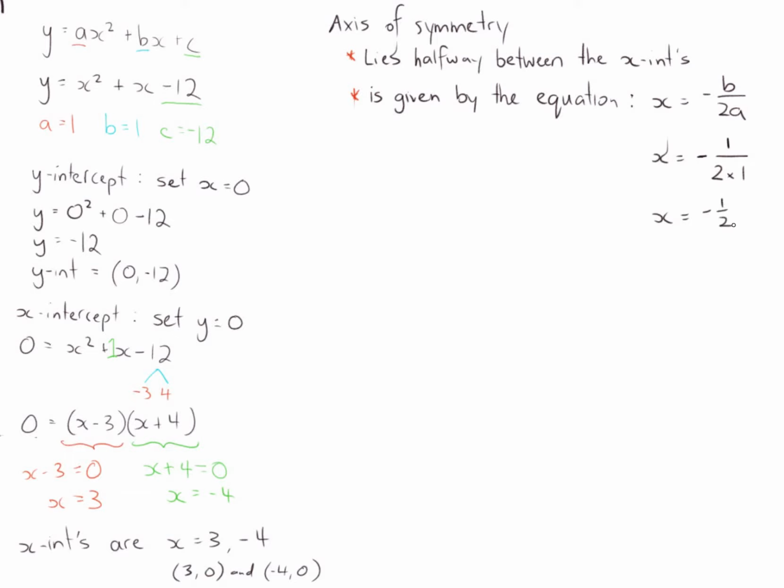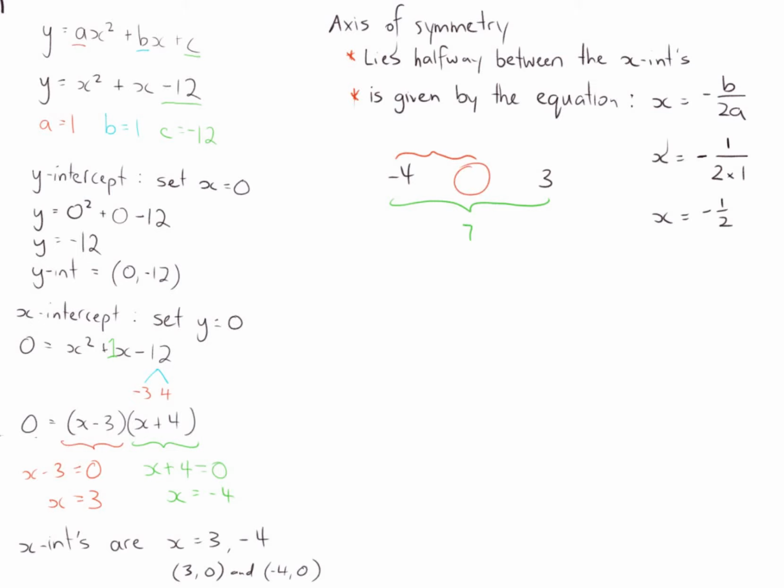Now hopefully when I asked you before what is the average of 3 and negative 4, you might have been able to work out that it's negative a half. If we have negative 4 here and 3 here, that's a gap of 7. So we want to go 3.5 units in from either side in order to get to our middle point.